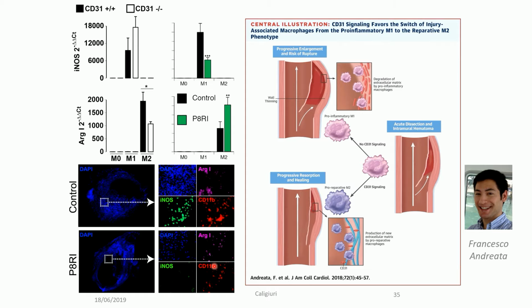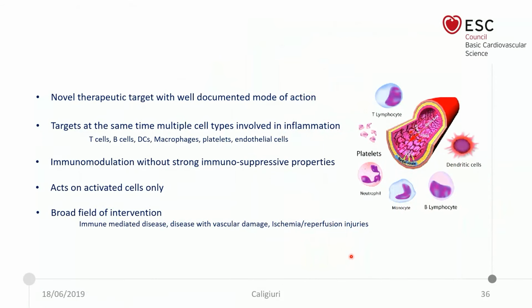And by doing so, with the peptide and with the macrophage of the type M2, we could accelerate the healing of the aorta. And therefore, we could prevent the dilation, the aneurysmal transformation. And this was the first publication after the patent. The patent was published before. And Francesco could exploit everything.